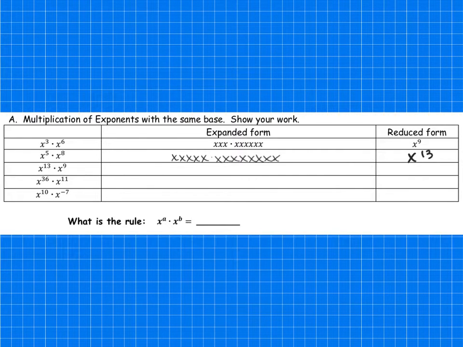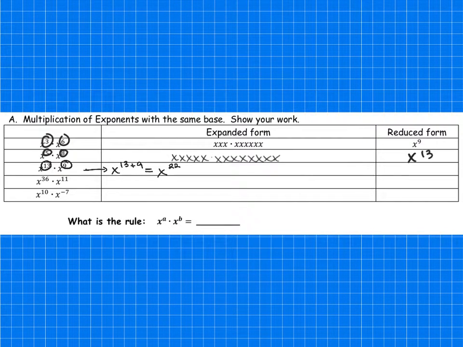That is the same as taking my exponents and adding them. 5 plus 8 is 13, 3 plus 6 is 9, so that ends up being x to the 9th, x to the 13th. So if I'm looking at x to the 13th and x to the 9th, which I certainly don't want to expand out, I'm going to make that x to the 13 plus 9, which is going to equal x to the 22nd.